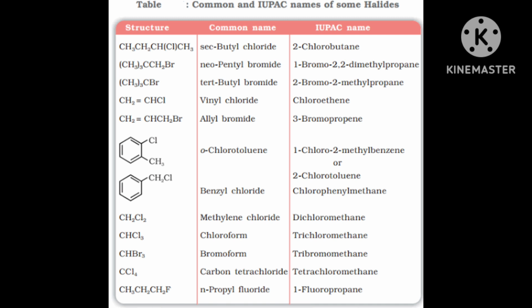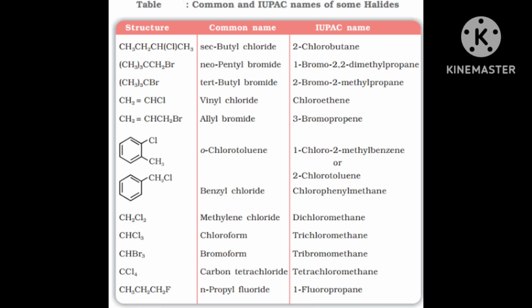All are at equidistance, means 1 carbon gap is there between 2 bromines: first, third, and 4 nothing, again 5th, 1, 3, 5.